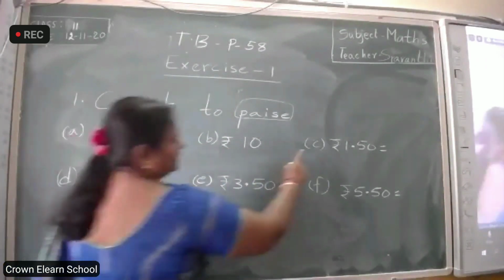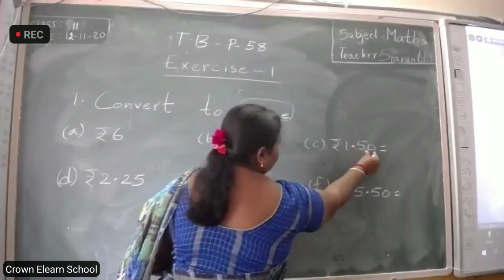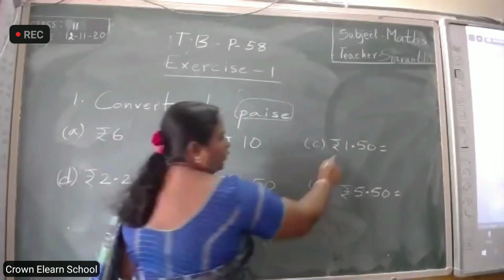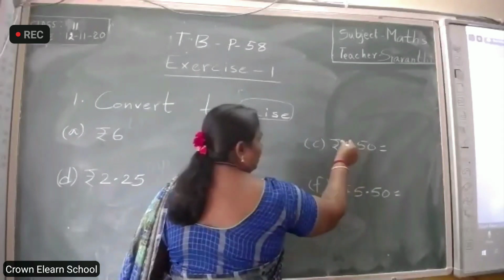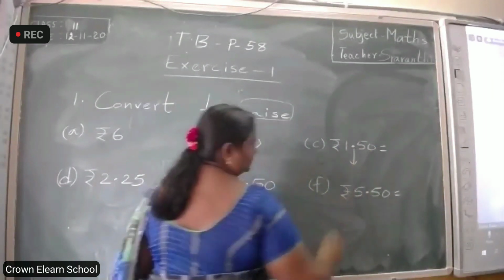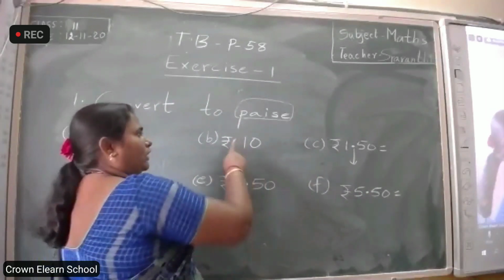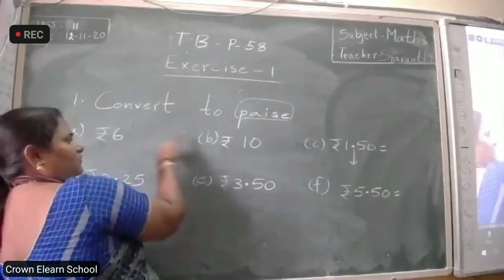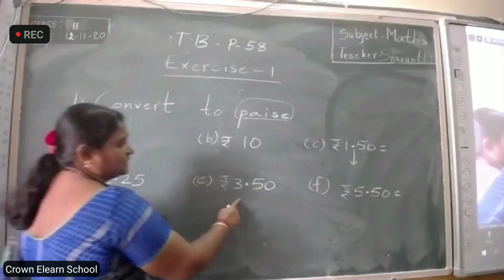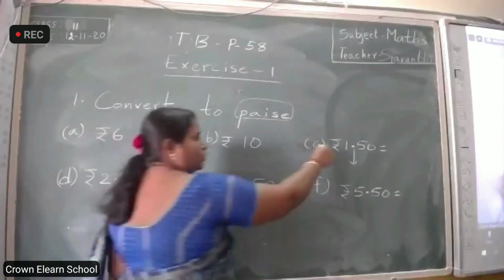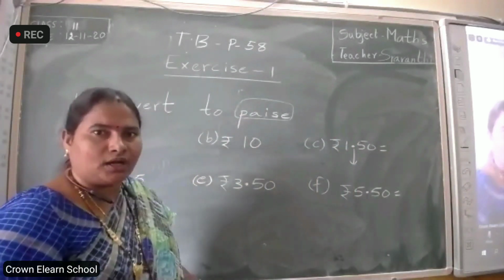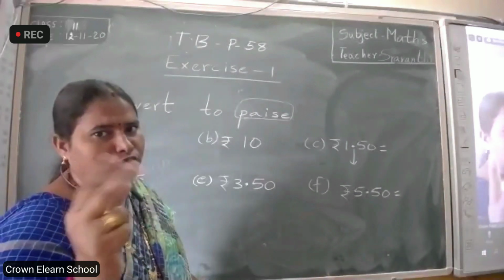But see this one: 1 rupee 50 paise, rupees and paise separated with a dot. For the first 2 sums only rupees are there. Now the remaining 4 sums have rupees and paise together. In the notebook also we have done 2 types.